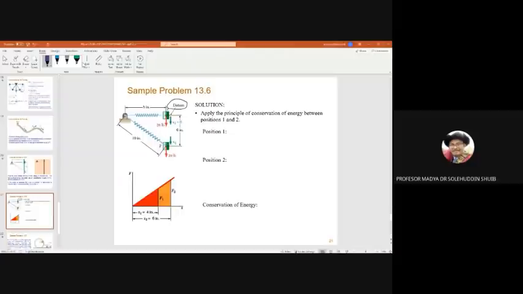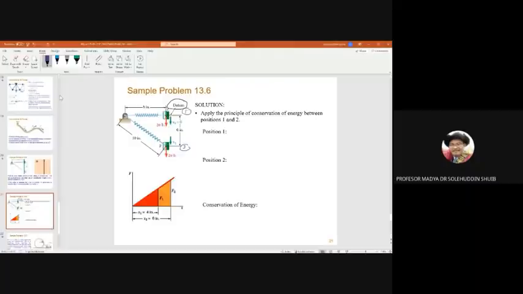This is datum 1, and here is datum 2. Okay, so as I mentioned just now, the spring has an undeflected length, so we have to start with that.